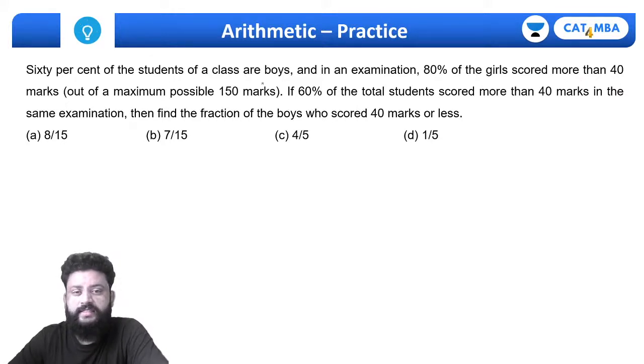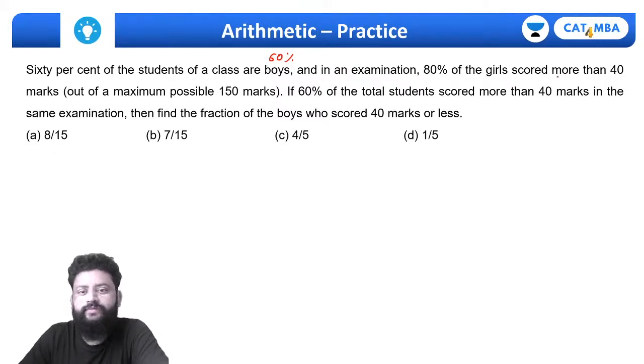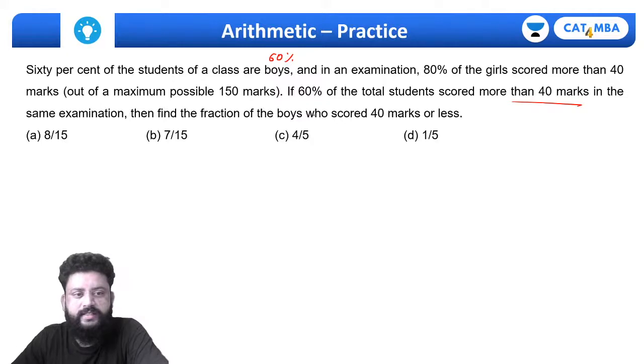So boys 60%, girls 40%. And 60% of the students scored more than 40 marks in the same examination. Then find the fraction of boys who scored less than 40 marks.